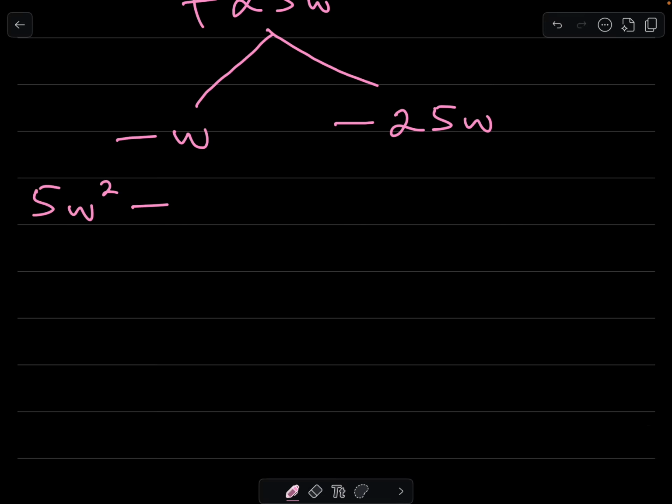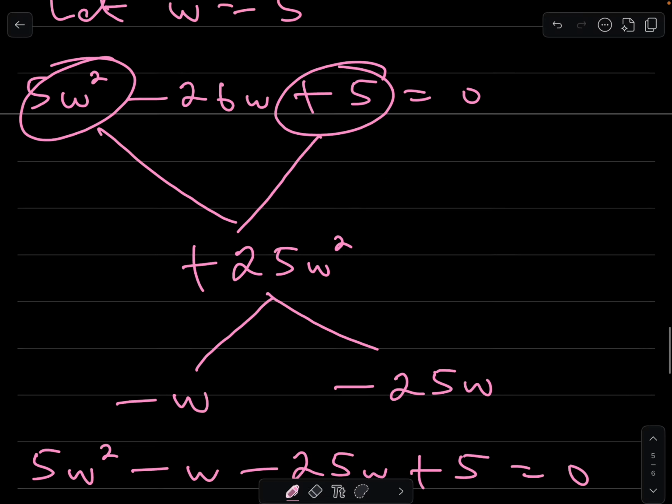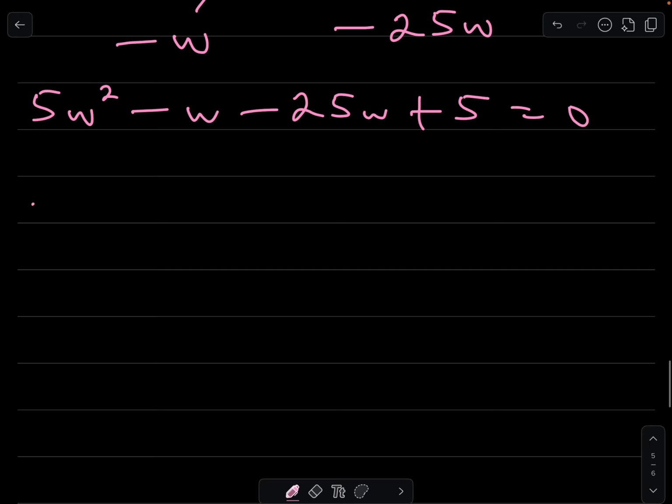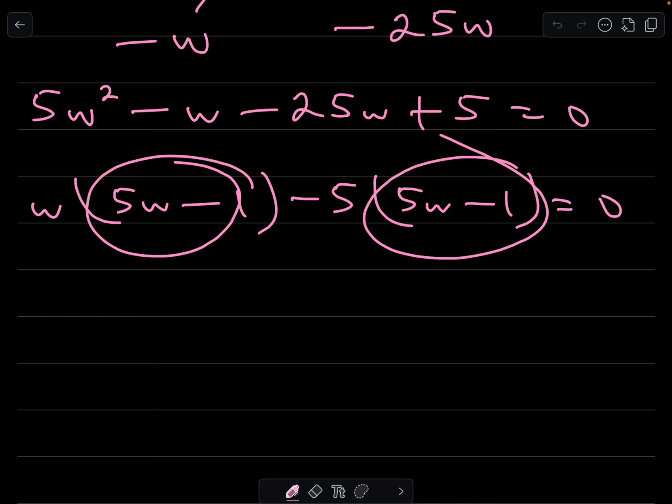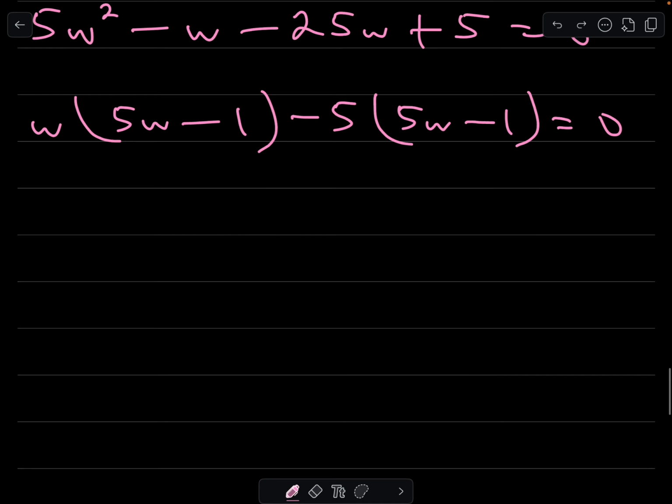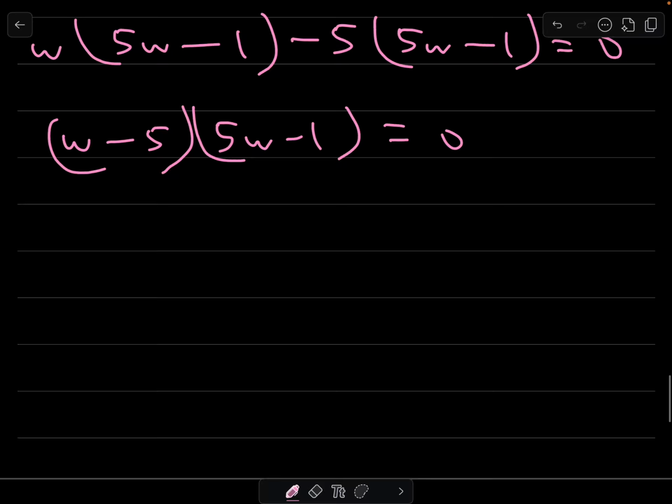And that means 5w squared minus w minus 25w plus 5 equals 0. Which means w into bracket 5w minus 1 minus 5 into bracket 5w minus 1 equals 0. You must make sure that what's in the bracket here is the same as what's in the bracket here. So this simply means w minus 5 times 5w minus 1 equals 0.